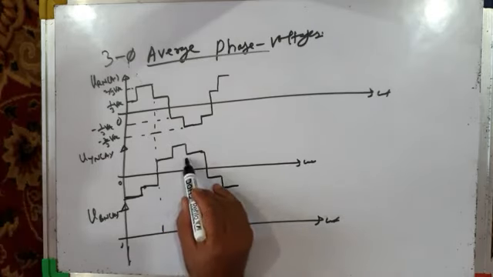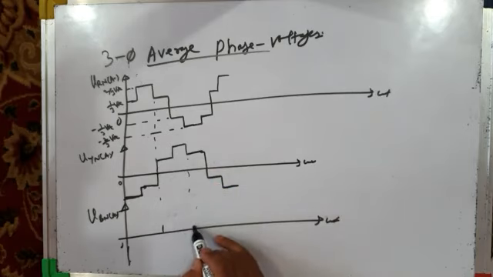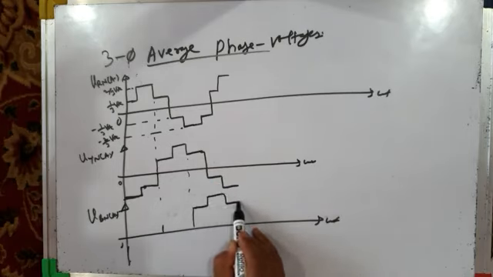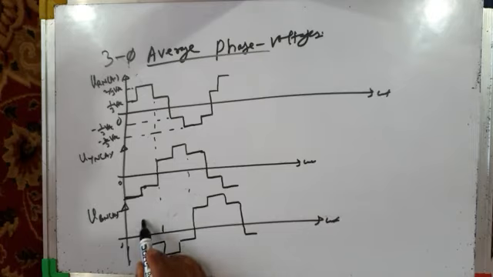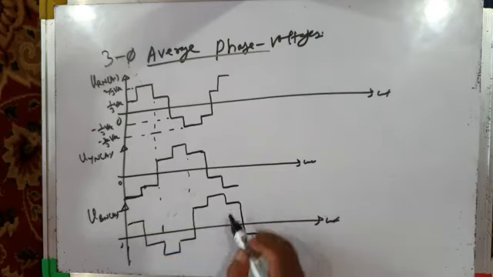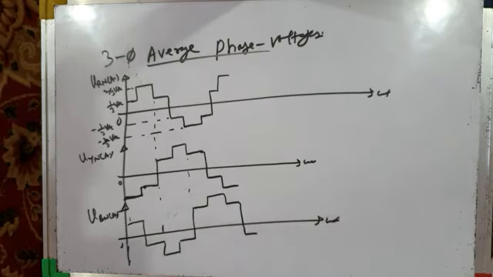So this is average phase voltage VBN. Okay, so this is Cauchy square wave in nature.